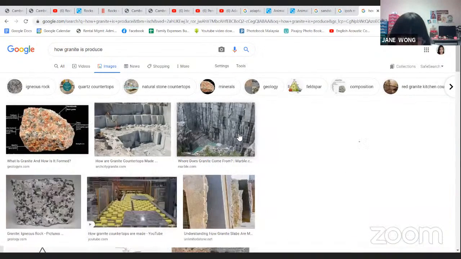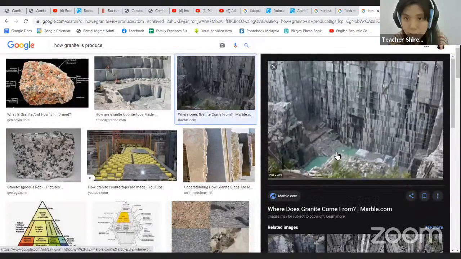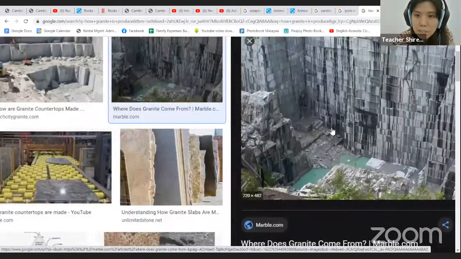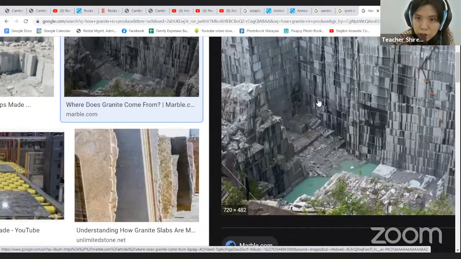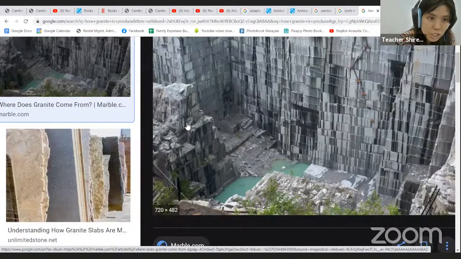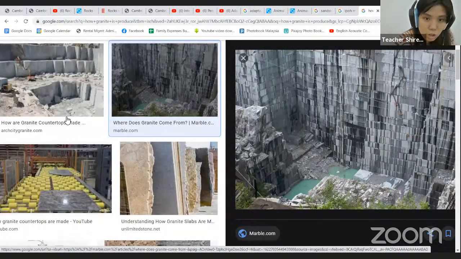Yeah, this is granite. Granite and marble are the same way. It's like a mountain. But marble is easier to cut because marble is softer, so you can cut one layer like that. While granite is much harder to cut, so that's why it's not so straight.